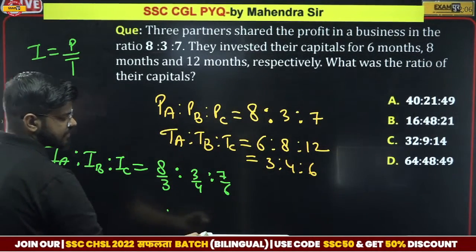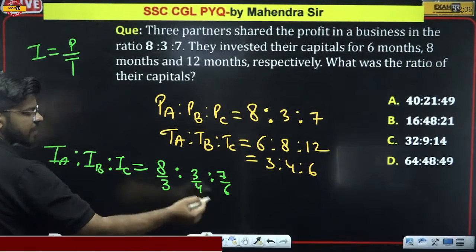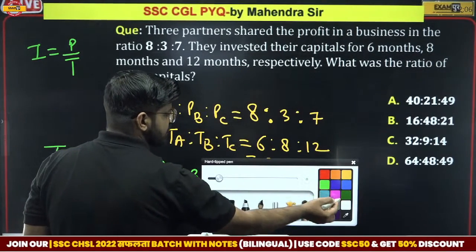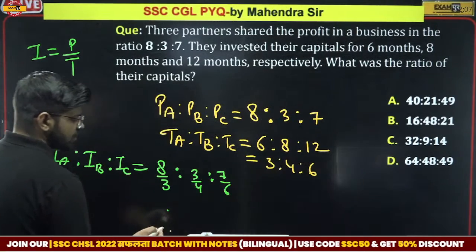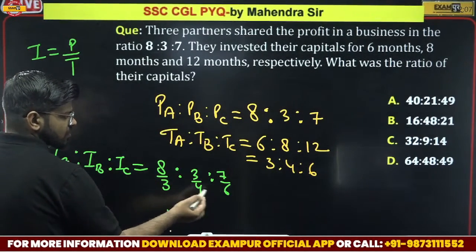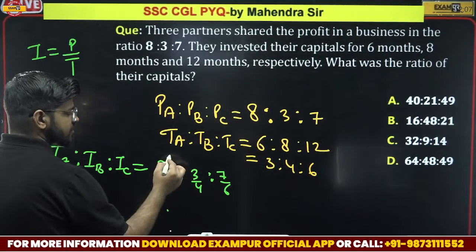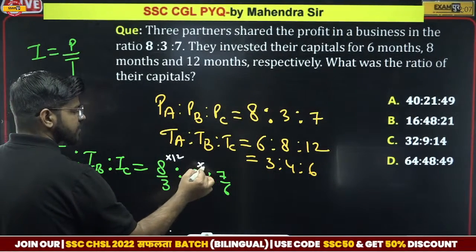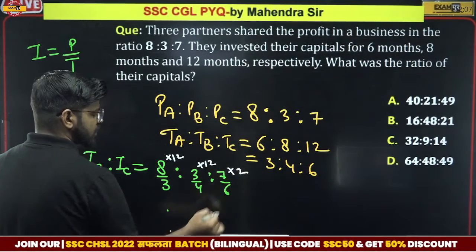Take the LCM of the denominators and multiply the LCM to each number. We got 12 as the LCM. So multiply 12 here, multiply 12 here, and multiply 12 here.